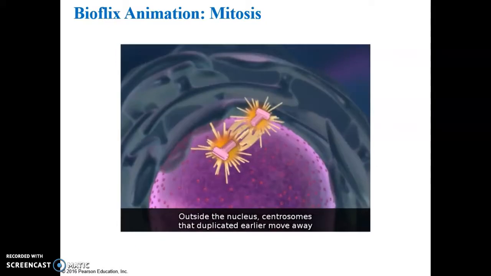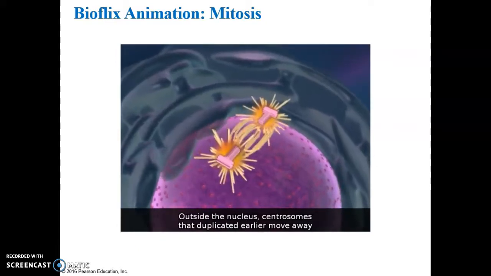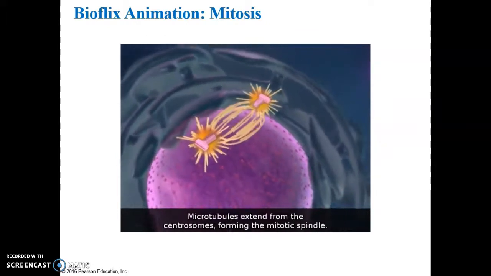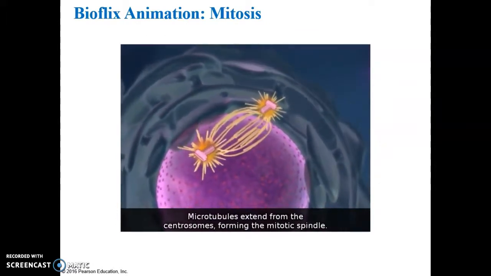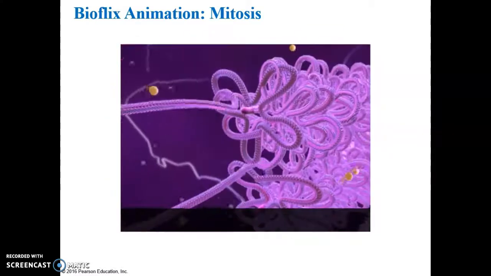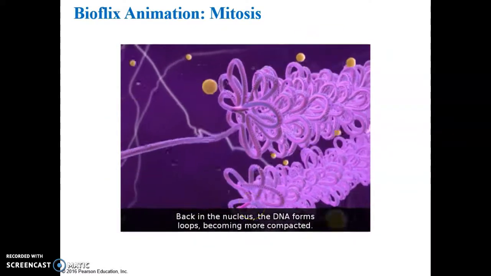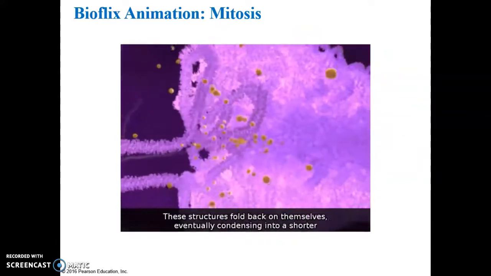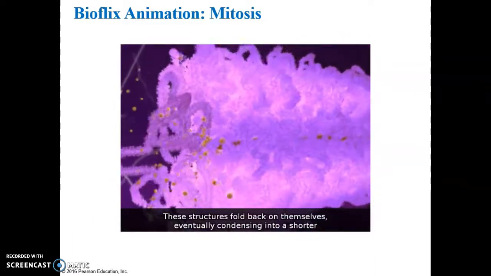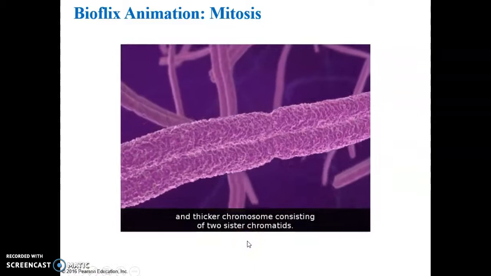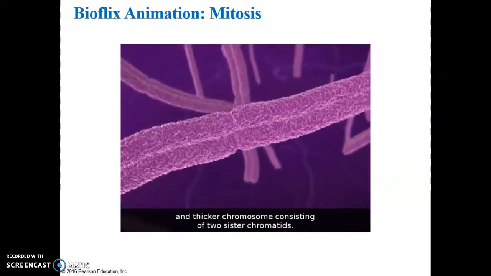Outside the nucleus, centrosomes that duplicated earlier move away from each other to opposite sides of the cell. Microtubules extend from the centrosomes, forming the mitotic spindle. Back in the nucleus, the DNA forms loops, becoming more compacted. These structures fold back on themselves, eventually condensing into a shorter and thicker chromosome consisting of 2 sister chromatids.